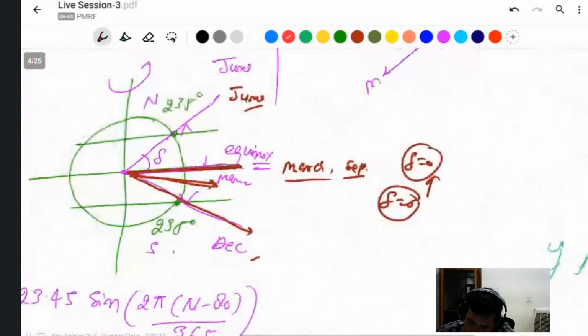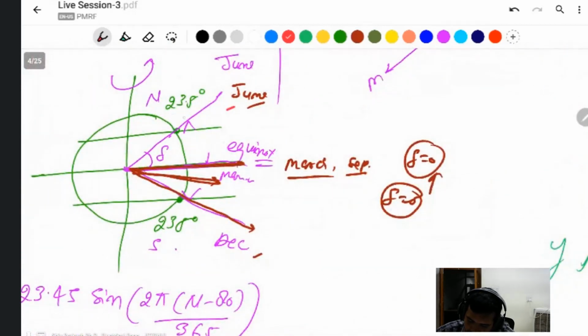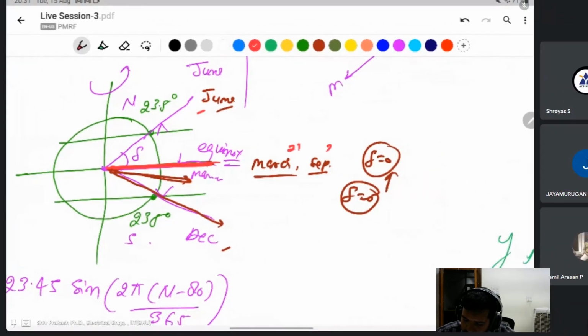You can see here this will be June. In June the angle is 23.5 and in December 23.5, north and south, and at the equator it will be March 21 and September 21.